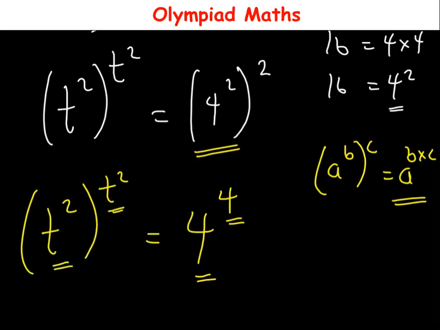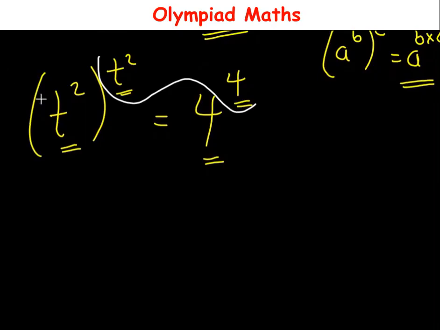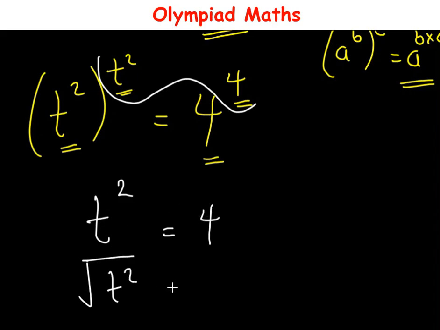So with this, we can compare the exponents, such that we have t raised to power 2 is equal to 4. To solve for the value of t, we can eliminate the square by square rooting both sides of the equation. So square root of t squared is equal to plus or minus square root of 4.